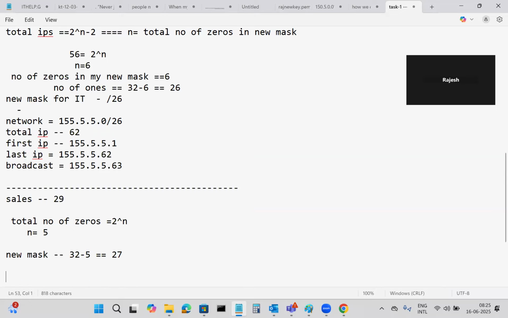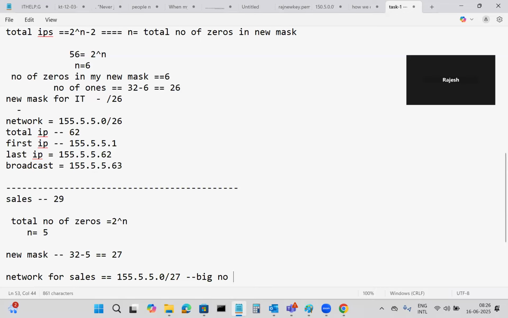Okay. Now the network for the sales department will be what? Can I use the same network 155.5.5.0 slash 27 this way? No. Why?